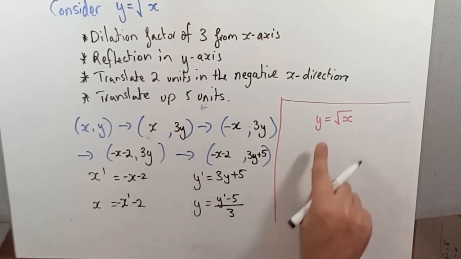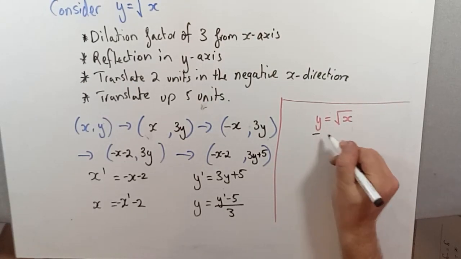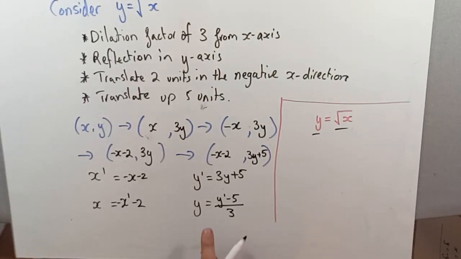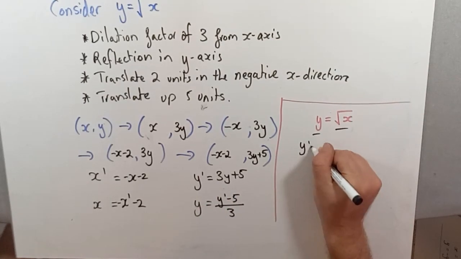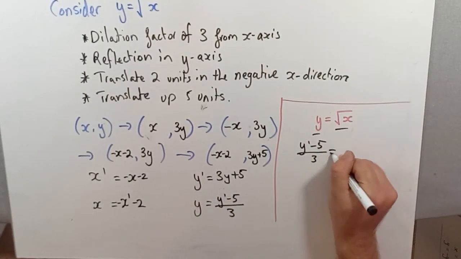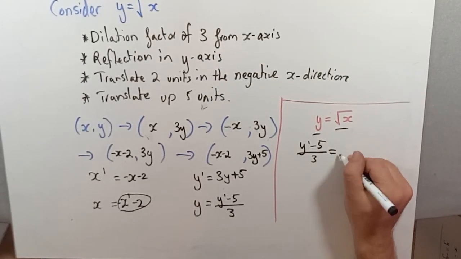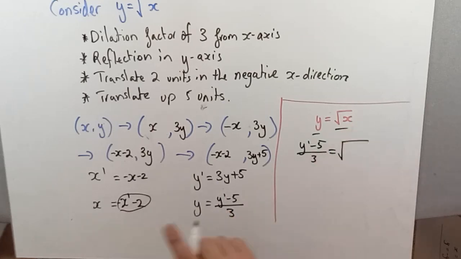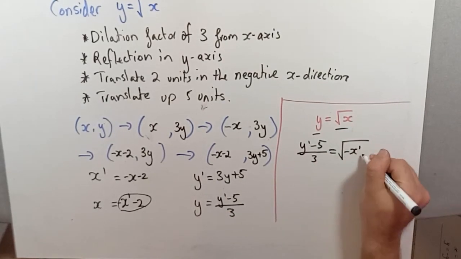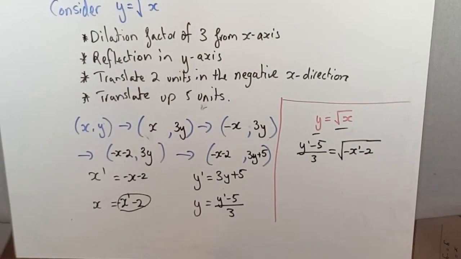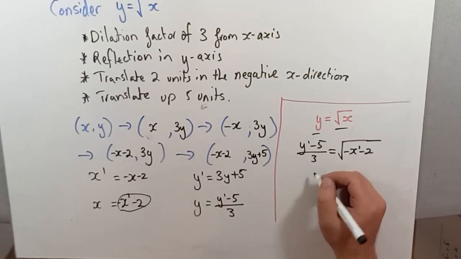Then I'm going to apply it to the graph here. For every y, I'm going to put in y image minus 5 over 3. Y image minus 5 over 3 equals x. I'm going to put in this: square root of negative x image minus 2 under that square root sign. Then rearrange for y image, and I've got it.